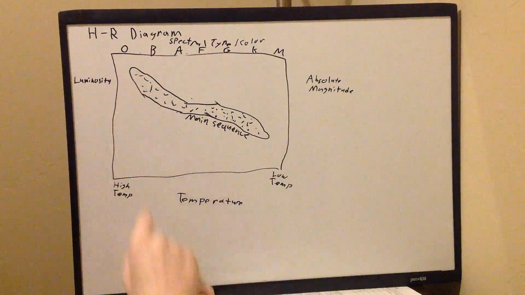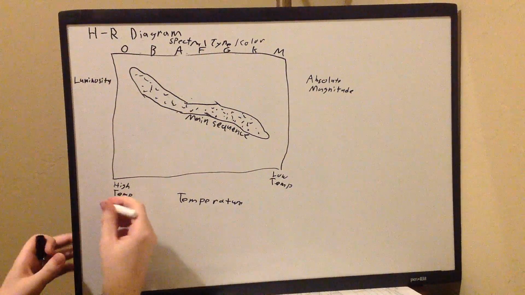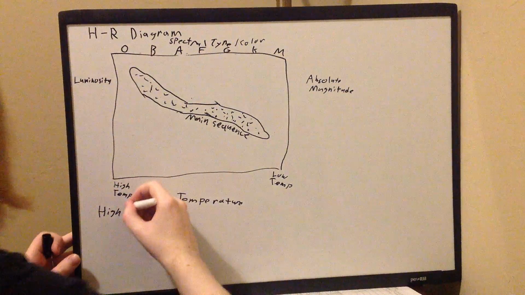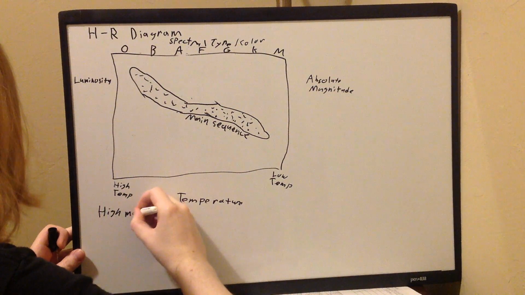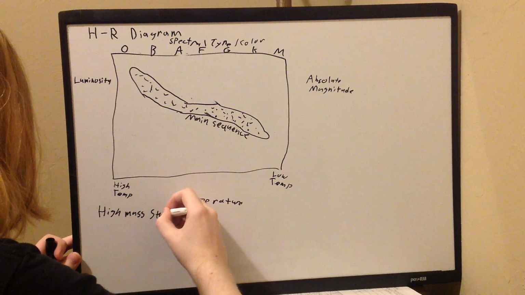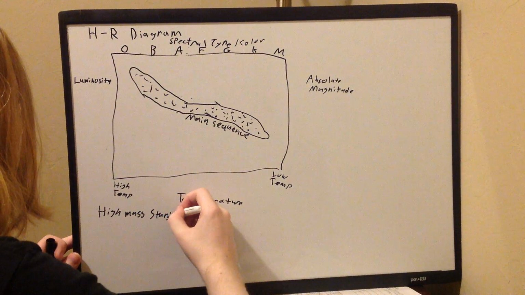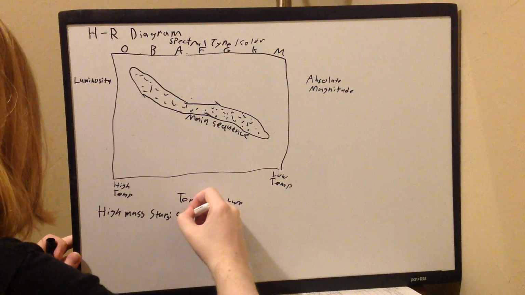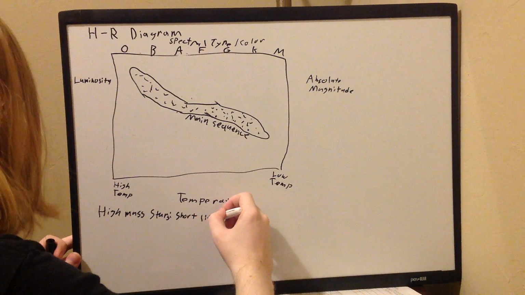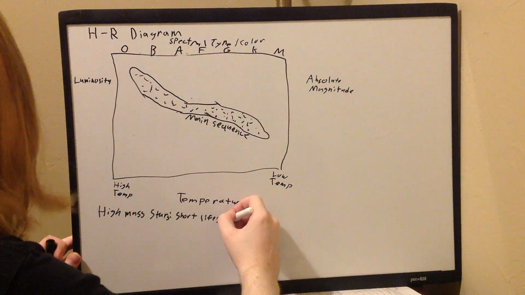High mass stars have short lifespans. They burn through their fuel quicker. High mass stars may only live for a few tens of millions of years.